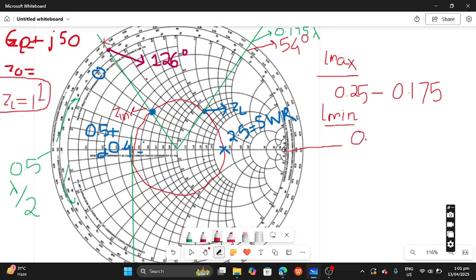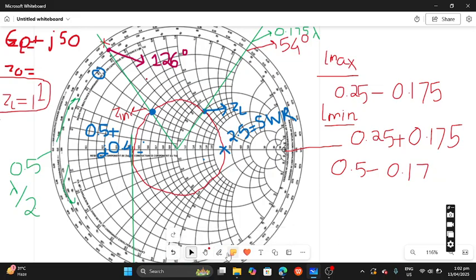You will just add this value: 0.25 plus 0.175, or you can do 0.5 minus 0.175. You will get the same answers.